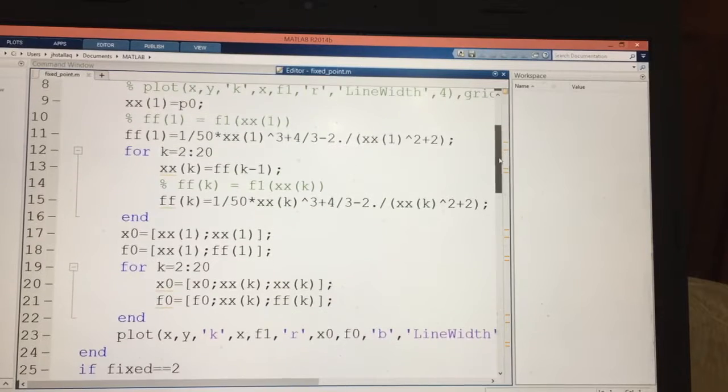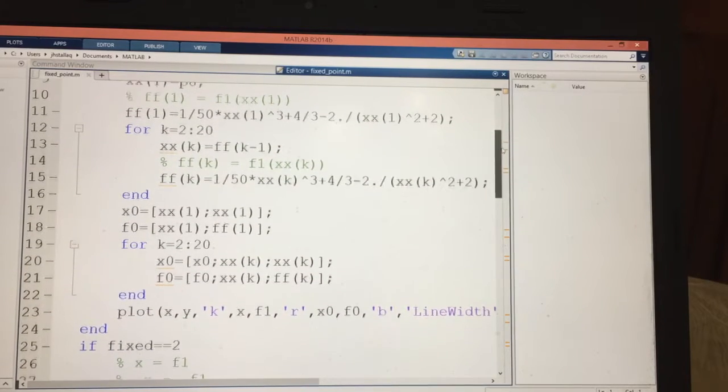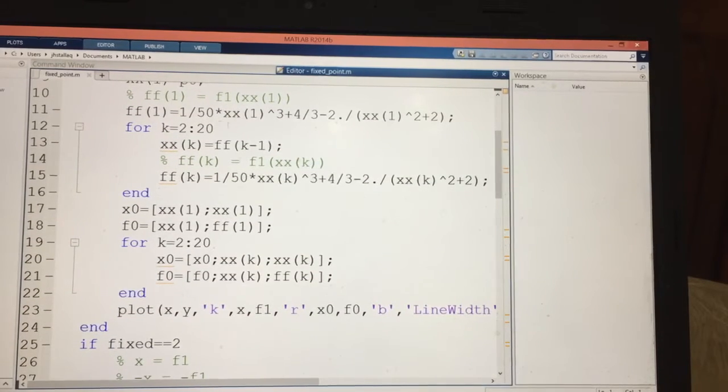And then for that value, we obtain what function 1 is for that value. That's why we put 1 and 1 here. Plus 2, okay, that's no problem. And then we do the iteration from 2 to 20. You can go more than 20 or less than 20.